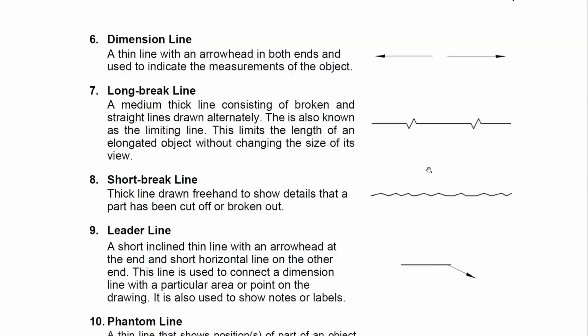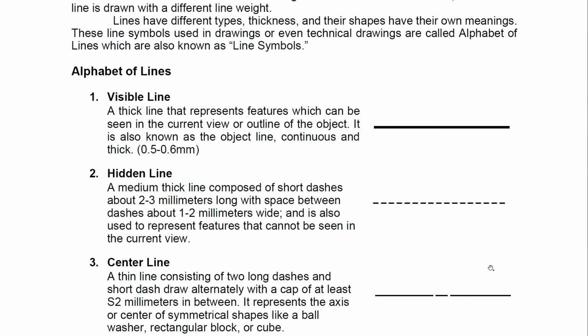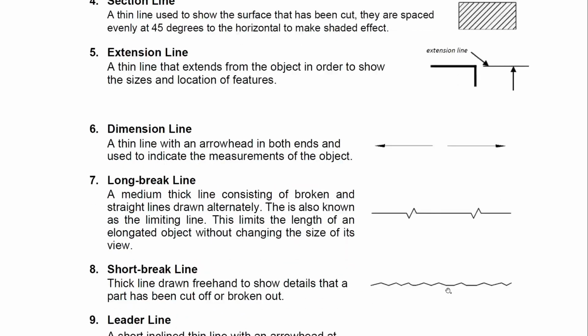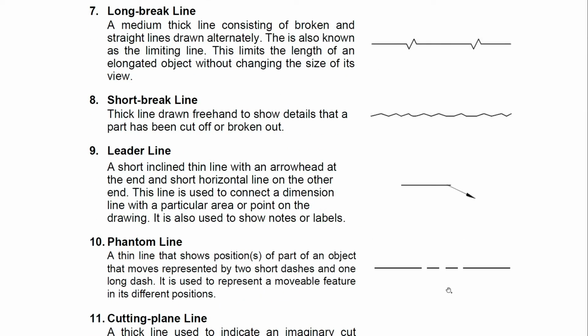Kung maalala natin kanina, yung center line ay isa lang yung kanyang short dash sa gitna, while yung phantom line is dalawa. So, yung phantom line, it represents the movable features in its different position. So, ibig sabihin, ang nirepresent niya ay mga gumagalaw na object sa magkaibang position.